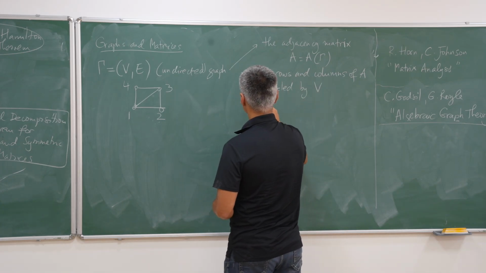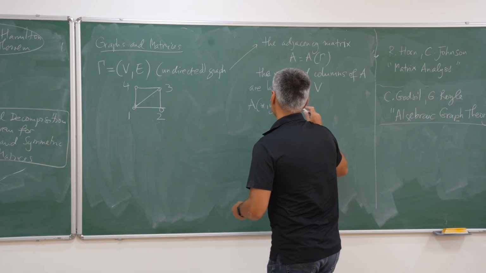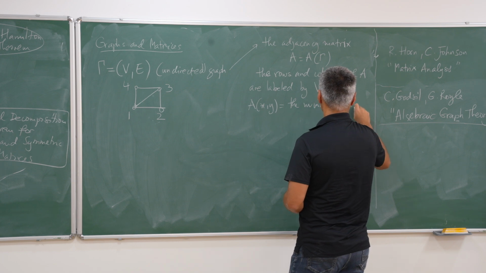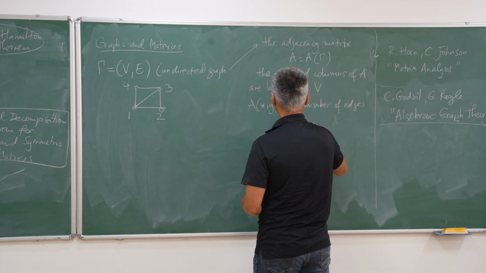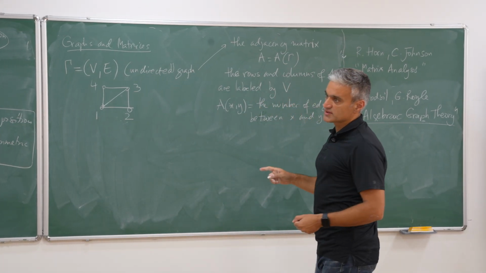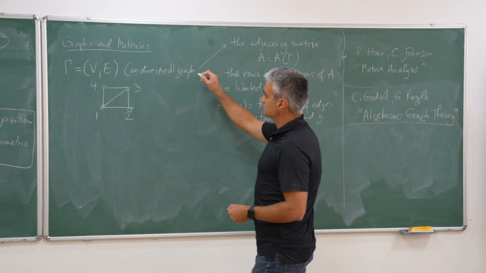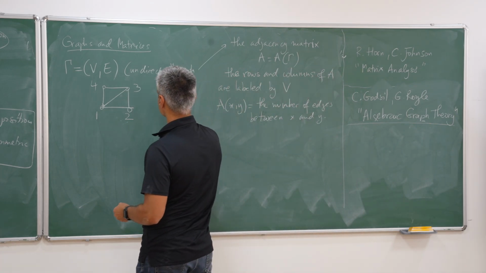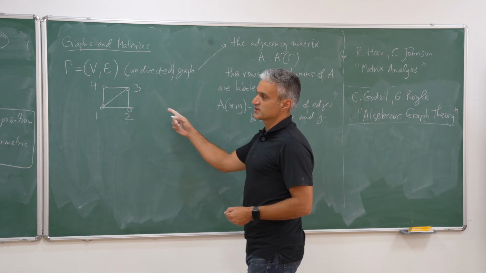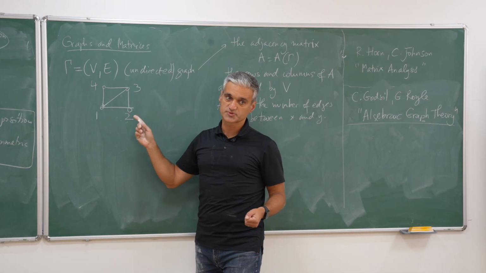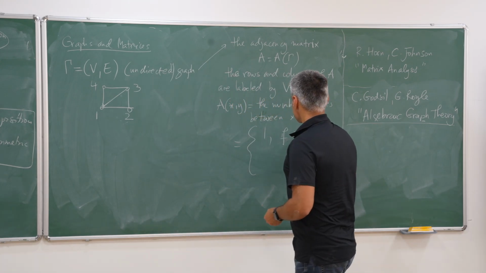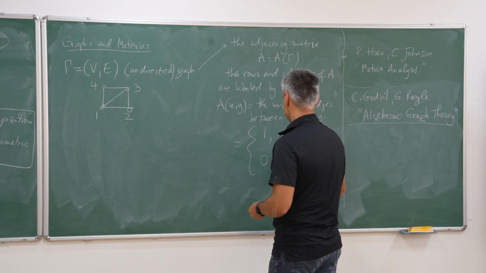Then in the position xy, we write down the number of edges between x and y. This is the general definition for multigraphs or loops and so on. I'm not going to talk about that, at least for the first few days. If the graph is simple, so a graph is simple if you don't have multiple edges or loops, then you can just say A_xy is going to be 1 if x is adjacent to y, and 0 otherwise.